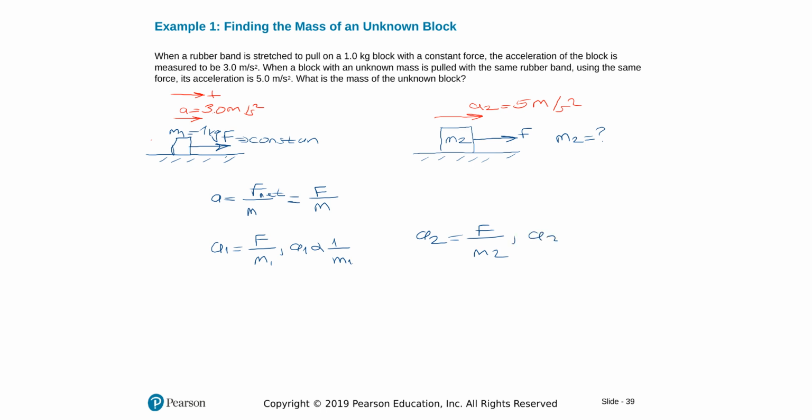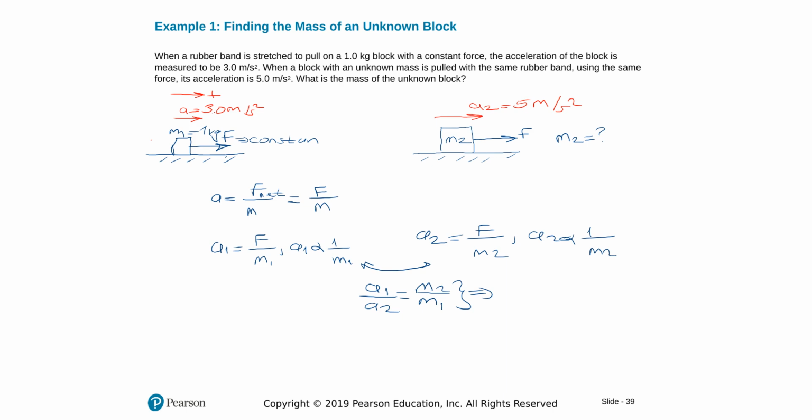And a2 will be the same, 1 over m2, not equal, inversely proportional. I can be clever here and say, to relate these, a1 over a2 should be equal to m2 over m1 if they are inversely proportional. That's skipping some math, and it makes sense. Inverse proportionality will give me that.